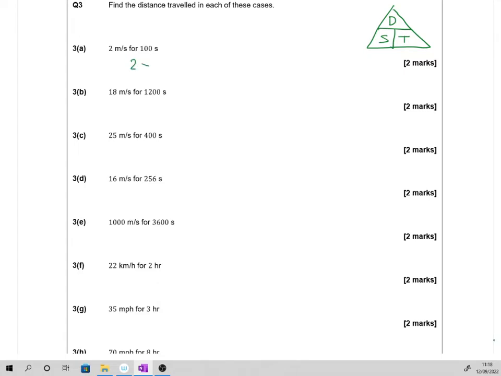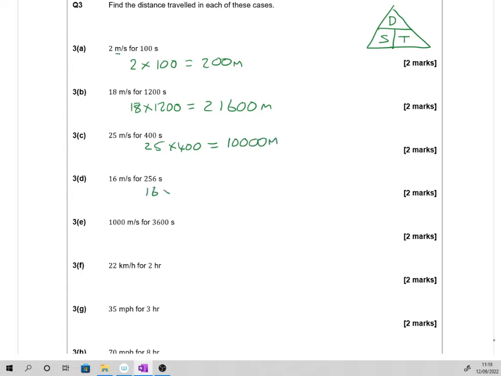So this is going to be 2 times 100 equals 200 meters. 18 times 1200 is 21,600 meters. 25 times 400 is 10,000 meters.